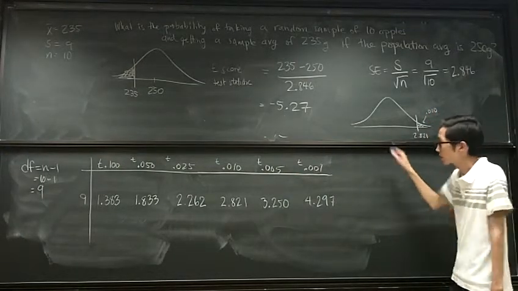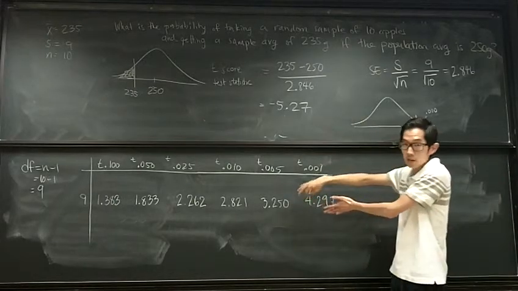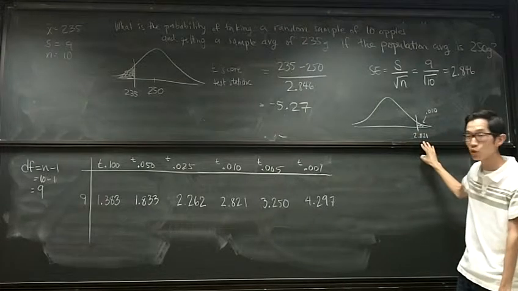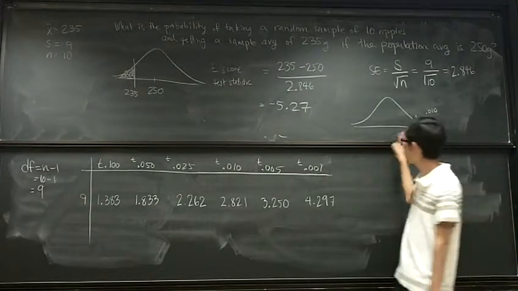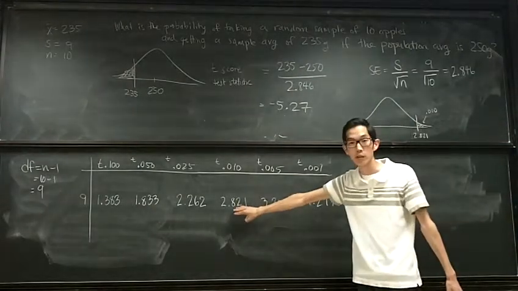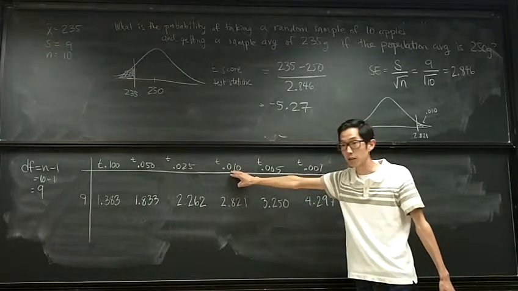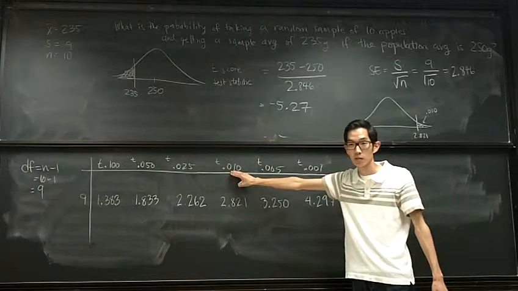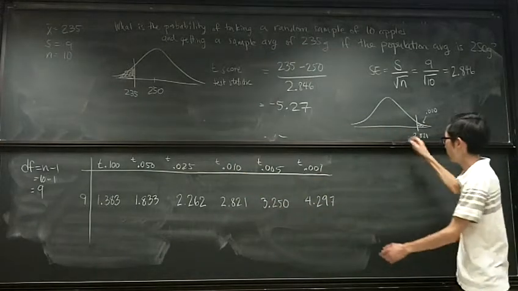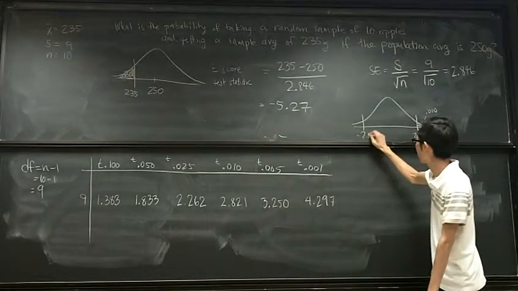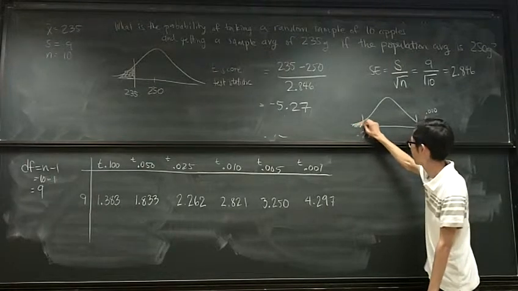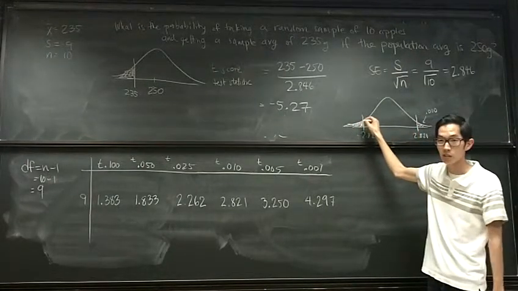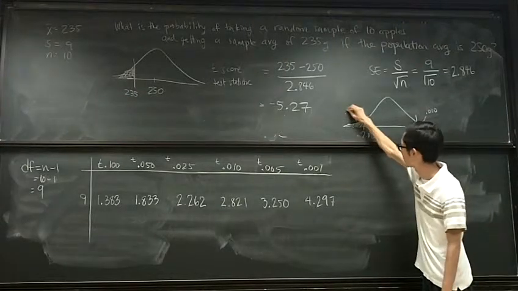So what this table says is that if this number happened to be 2.821, the amount in my tail would be 0.010, by looking at the subscript on the t. If it was negative 2.821, then whatever is in the little triangle wedge piece is going to be 0.010.